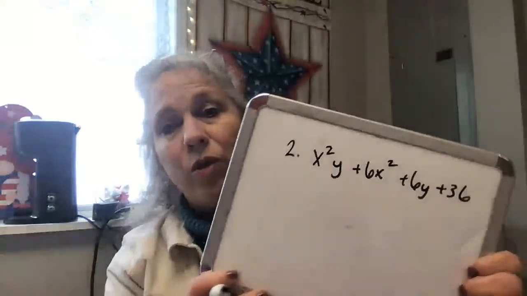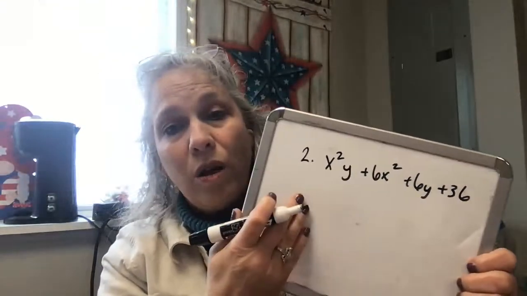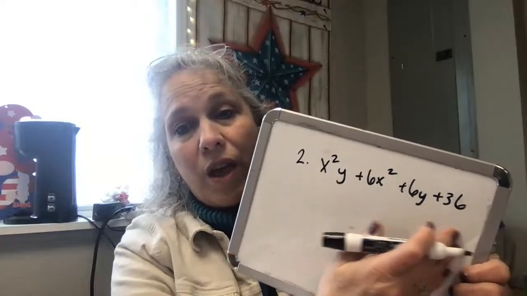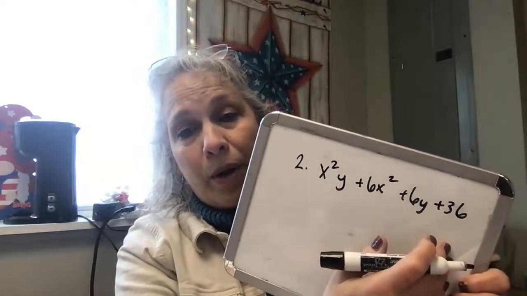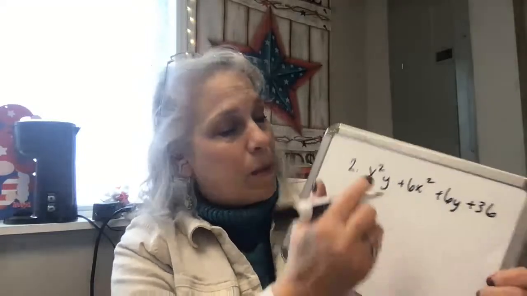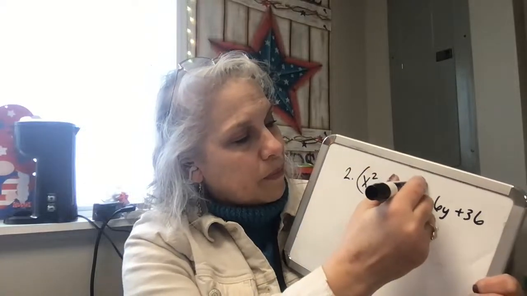So we will do number 2 on page 501. X squared y plus 6x squared plus 6y plus 36. When you look at all 4 of those terms, there's no x in all of them, there's no y, there's no number that is common to all of them, but I can group them.